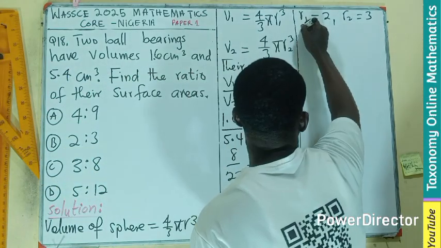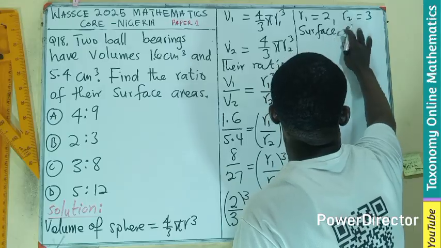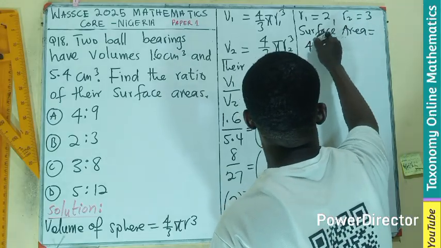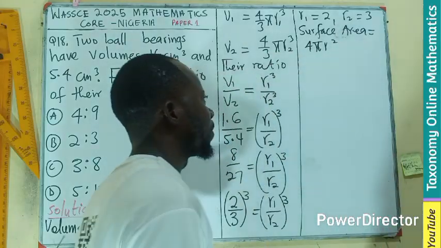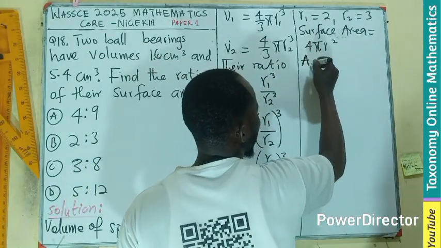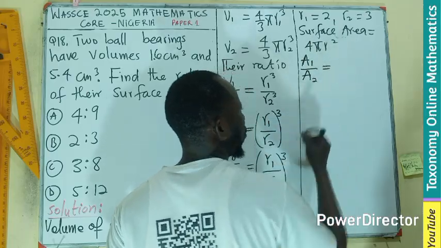So I have the values I'm looking for, the radius, before I can find the surface area. And we know that the surface area is equal to 4πr². If I'm going to find the ratio, this is A1 divided by A2. I'm trying to conserve space.